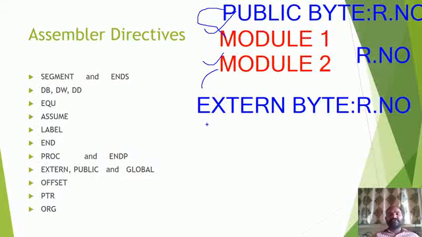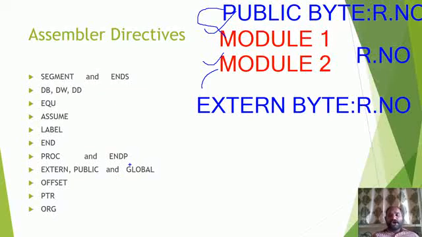With the help of extern, we are informing explicitly to the assembler whether the variables are declared in the present module or in some other module. But whatever variables you would like to use in other modules, when you define them for the first time, they should be declared as public.